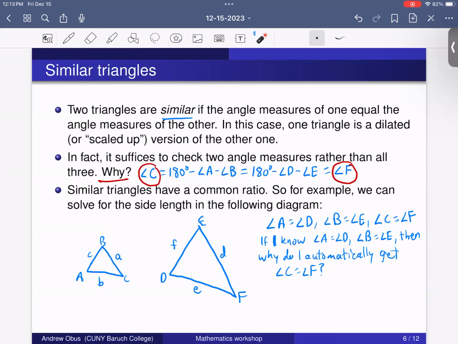So we're only checking angles, right? If you want to check that triangles are congruent, you have to check the sides somehow. Angles will tell you that the triangles are similar. If you want congruent, then you need to say something about the sides. And so far, we're only talking about angles.